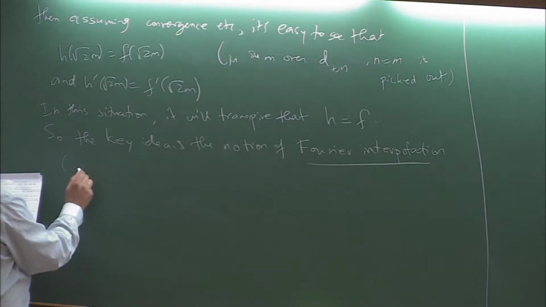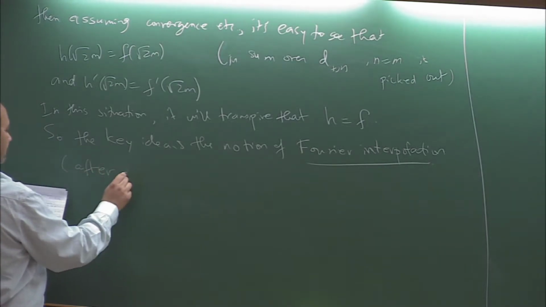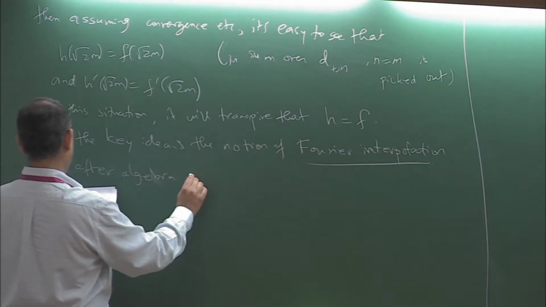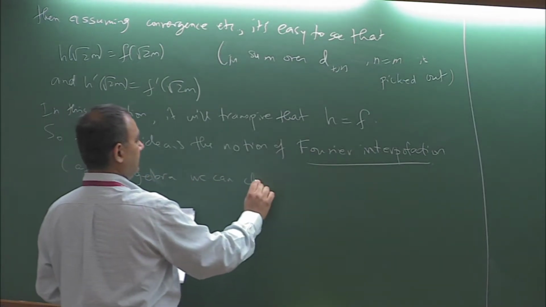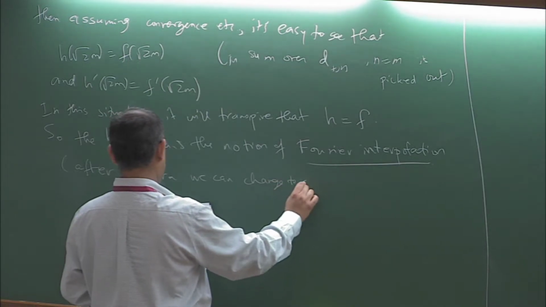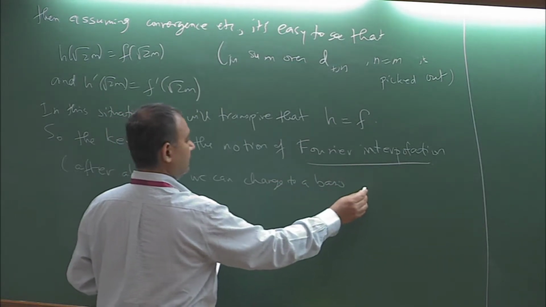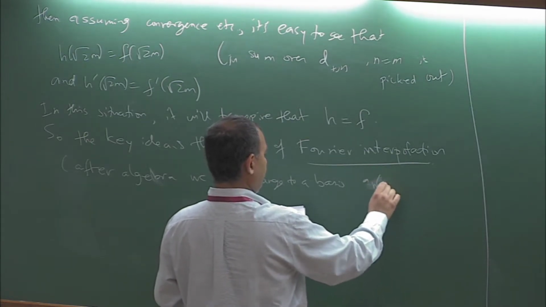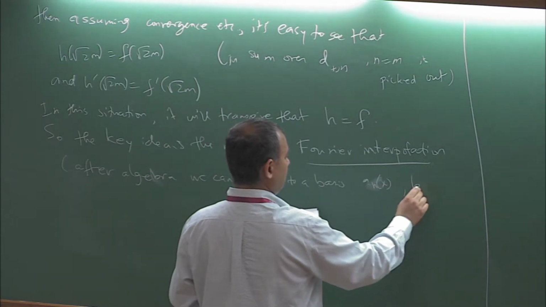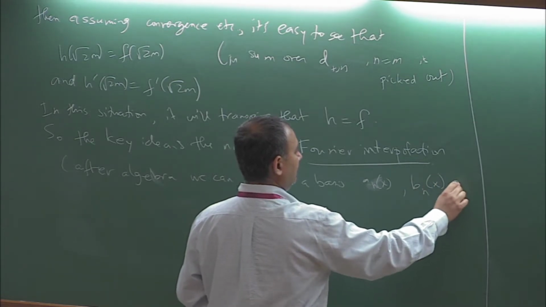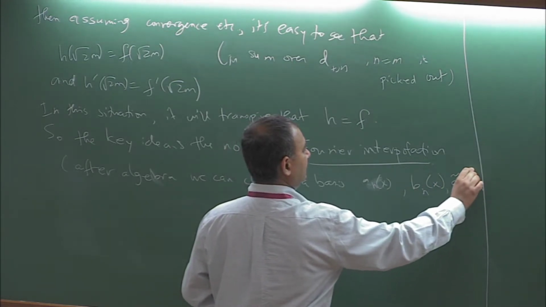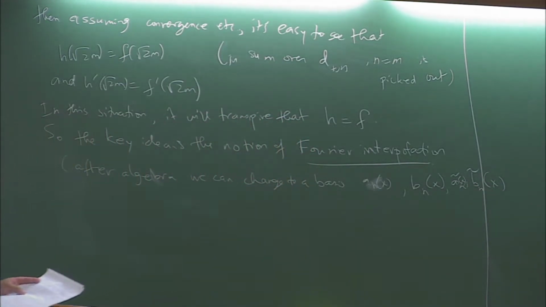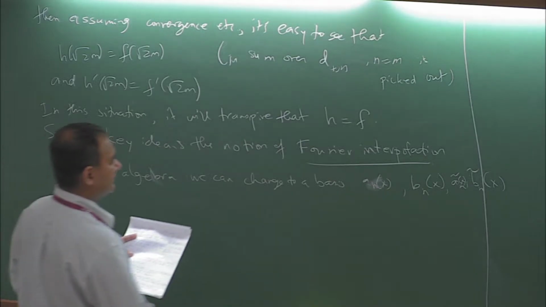Before I say what that exactly means, let me just say, after some algebra, you can change to a basis which doesn't necessarily have eigenfunctions, but sort of arbitrary an, bn, an tilde, and bn tilde, which will encode the values of the function and its Fourier transform.